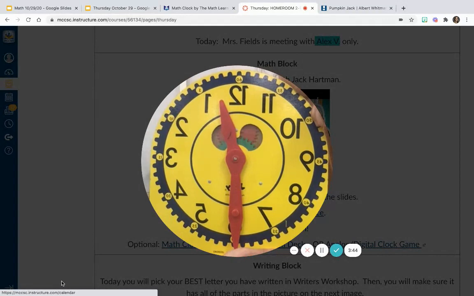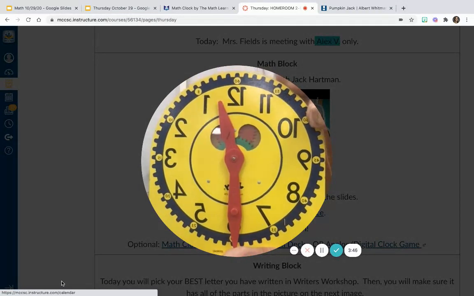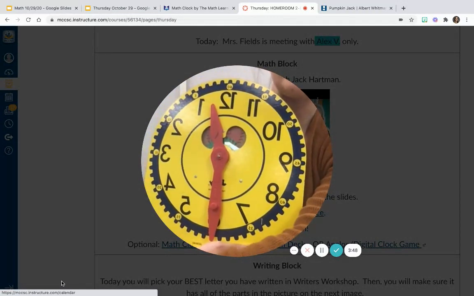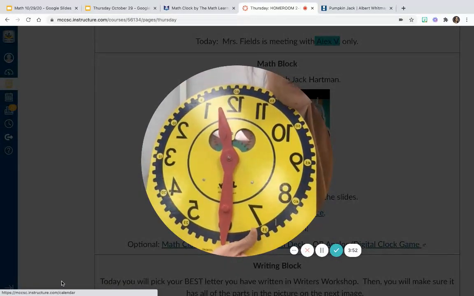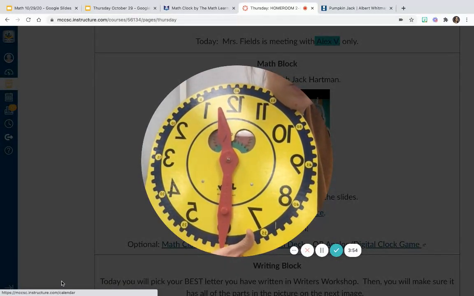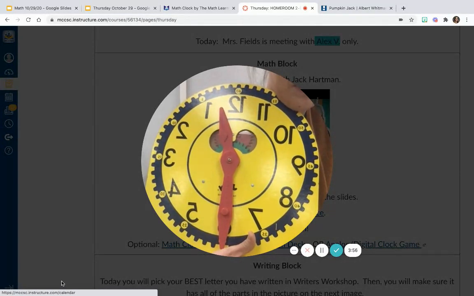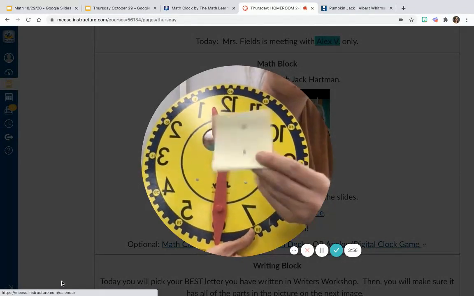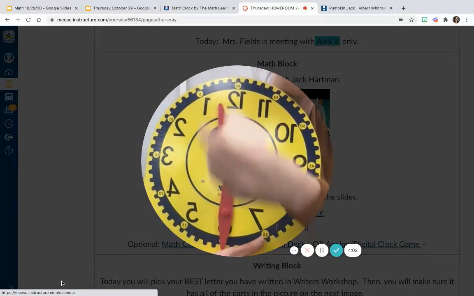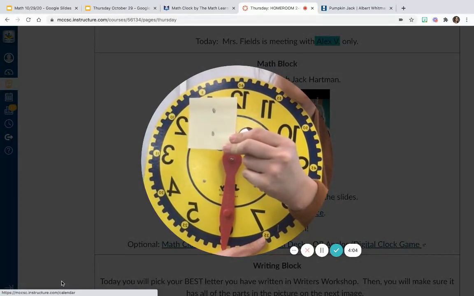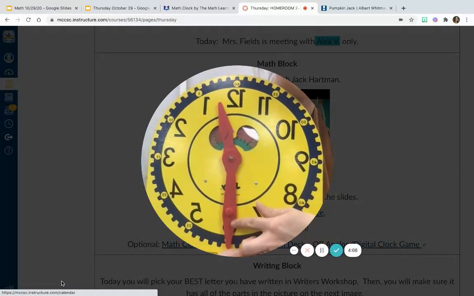Step 2 is I write those 2 dots. Those 2 dots that look like, let me write them so you can see. This. Okay, so I wrote my 12, and then it's time for me to write my minutes.